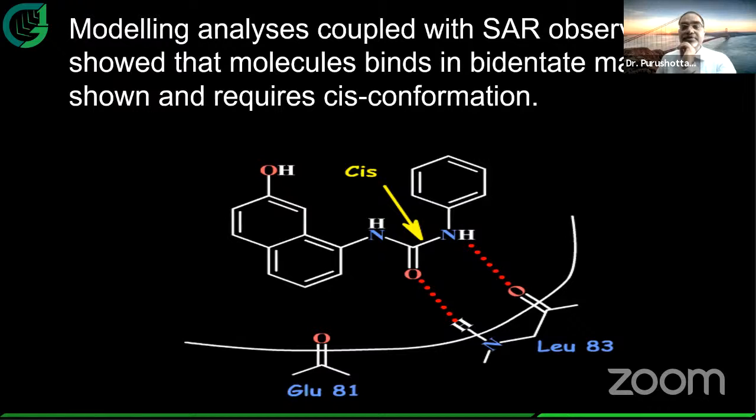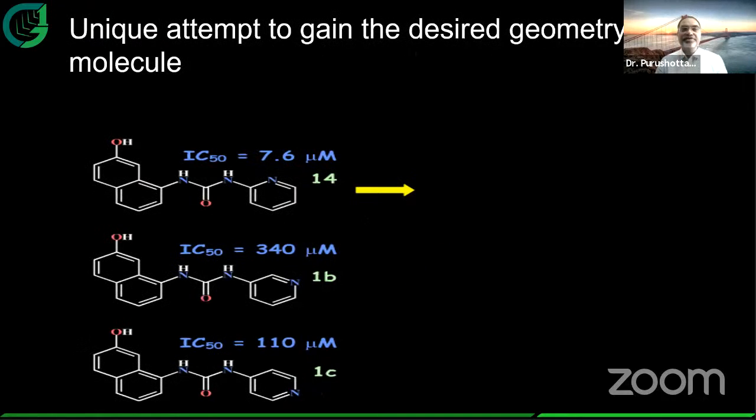Now the most important and interesting part is coming up in the next slide. And this aspect, I can tell you, most of the medicinal chemists here may not have heard or seen earlier. Now you see that we have 3 compounds in this slide.